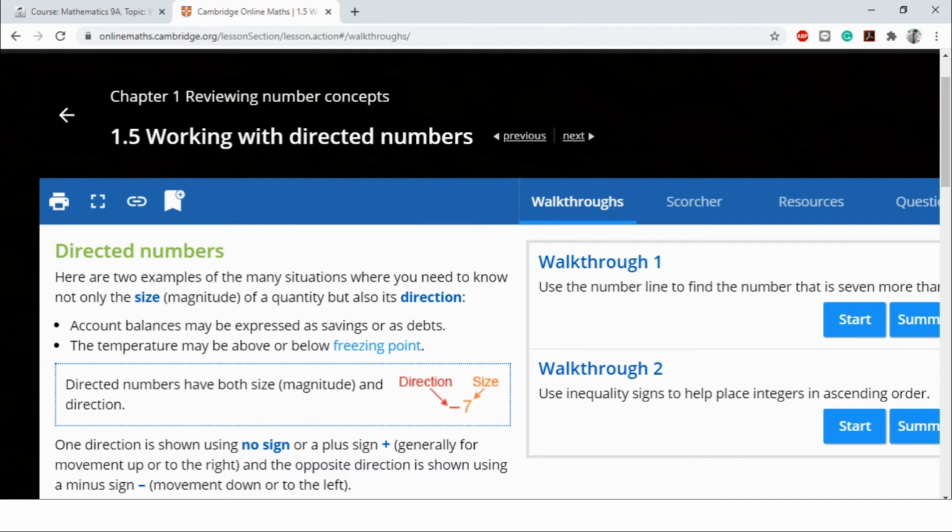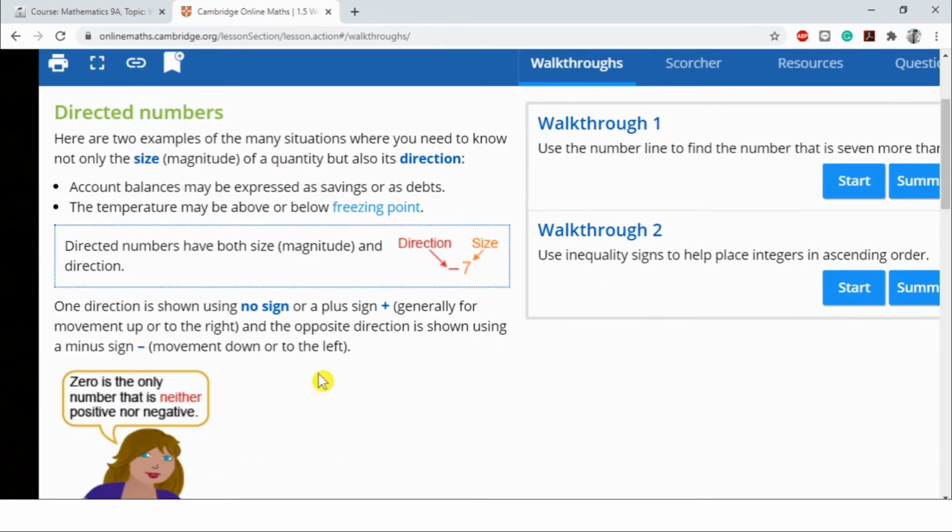It means we indicate this temperature as negative, right? So this is how directed numbers work in our daily life. Here we are going to explore more about how to calculate with directed numbers.